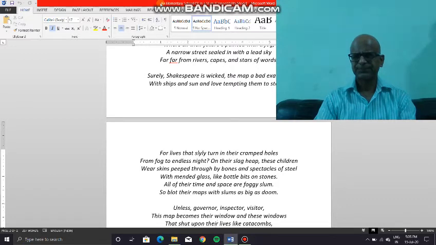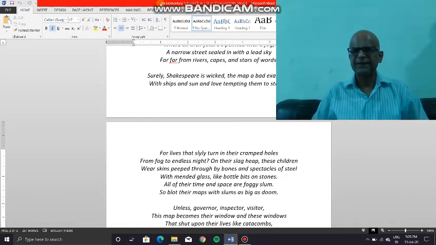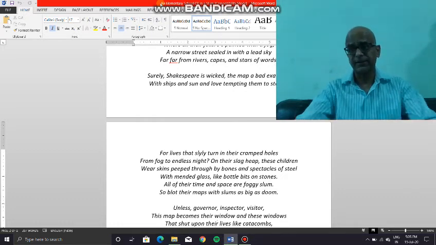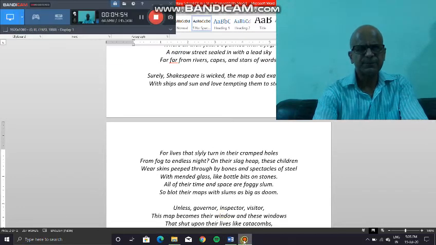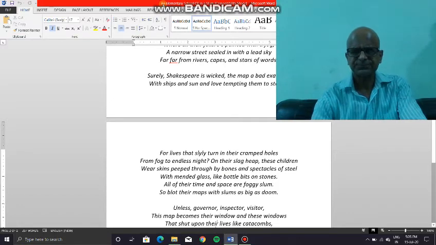He says you can actually count the bones on their bodies. So physically emaciated, undernourished, or malnourished are these children that it appears to the poet as if their bones are peeping from behind their skins.